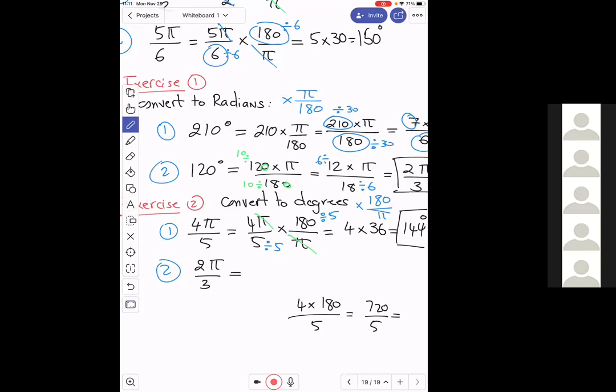You'll get the same answer, 144. Or you can divide 180 by 5, which is 36, and then there's the 4 left, so that's 4 times 36. There are different ways to answer this, so it's up to you, but it's better to avoid large numbers like 720.